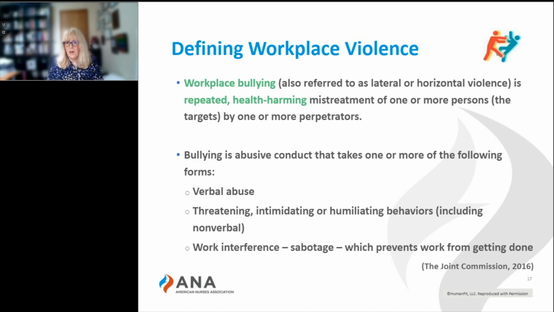It's repeated health-harming mistreatment of one or more persons or targets by one or more perpetrators. And it can take many forms: verbal abuse, threatening, intimidating behaviors, sabotage with your work, and so on. And we're going to come back to violence a little later and how it's related to patient violence and what the research tells us.